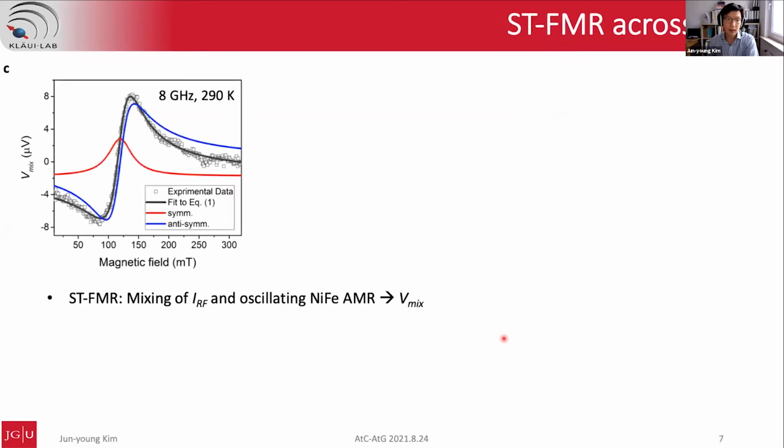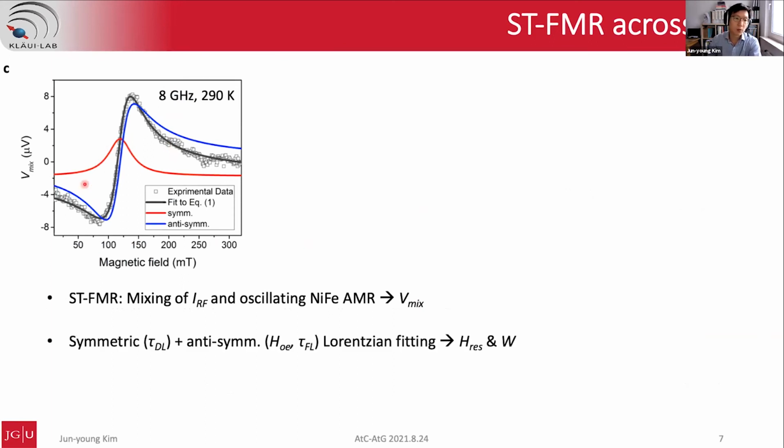Okay. Then we can do the field sweep with a fixed RF current to measure this ST-FMR spectra, which we measure like this. And then we can decompose this data into a combination of the symmetric and anti-symmetric Lorentzian components, to separate the effect from the Oersted field and field-like torque from the effect of the damping-like torque.